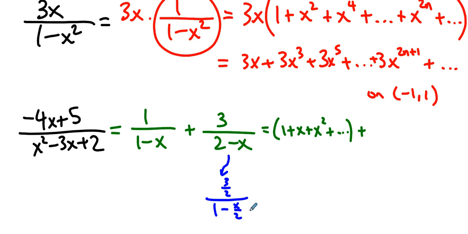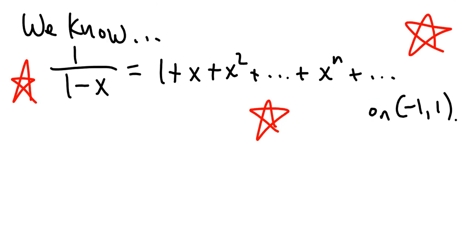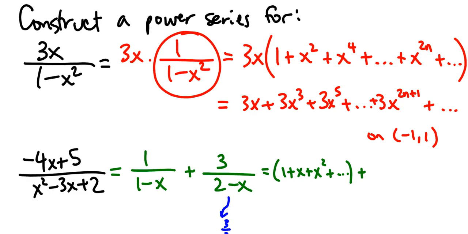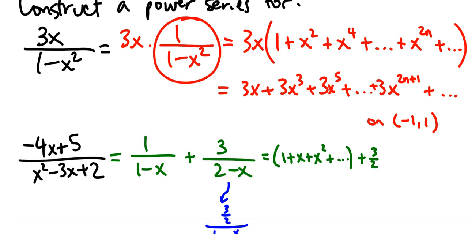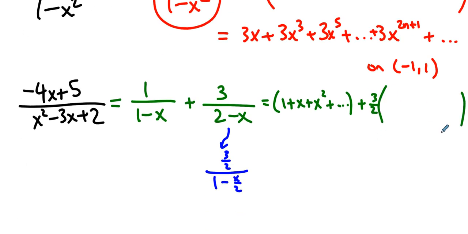It keeps all the values the same. And then we know what to do with 1 over 1 minus x over 2. We would sub in x over 2, and so on. So we just multiply that by 3 halves. 3 halves times 1 plus x over 2 plus x over 2 squared, and so on.